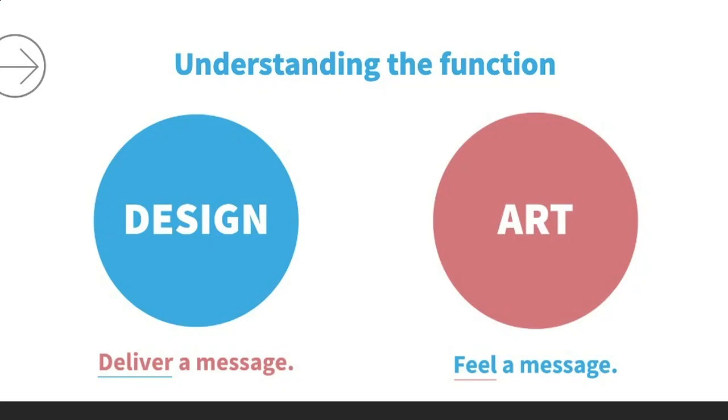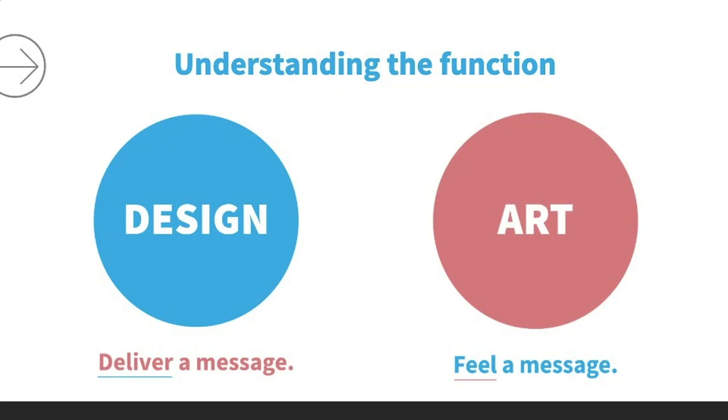So with design, its primary role or function is to deliver a message clearly, concisely, with the fewest amount of frills. Once that message is able to be delivered clearly, then you can start to embellish it with some of the more artistic things. Whereas art is dealing with more of the feeling.